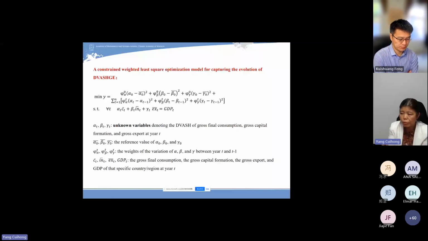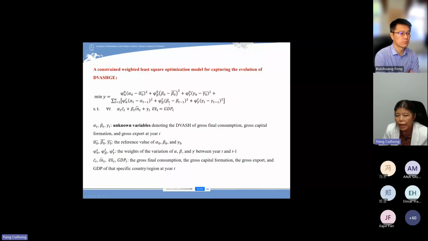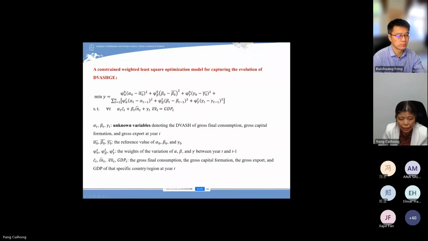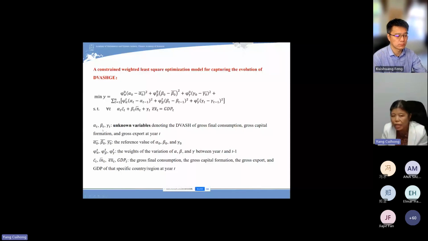Between two different years, we ask it to be minimized, and this is for the consumption, the investment, and the export. Alpha t, beta t, and gamma t are unknown variables we need to solve from the optimization model.